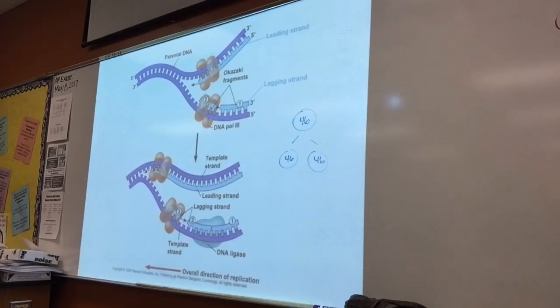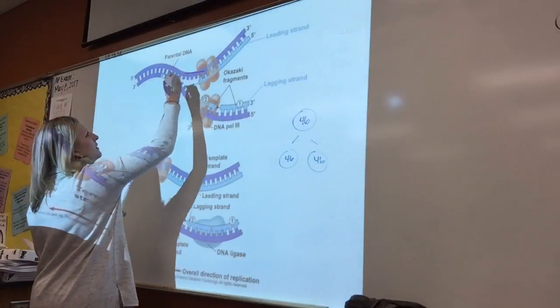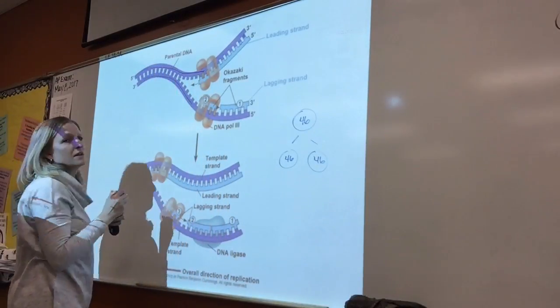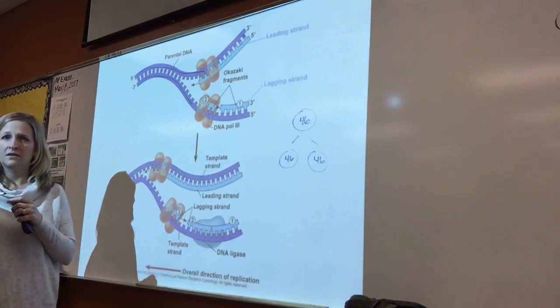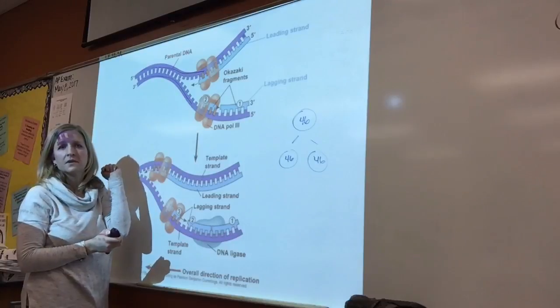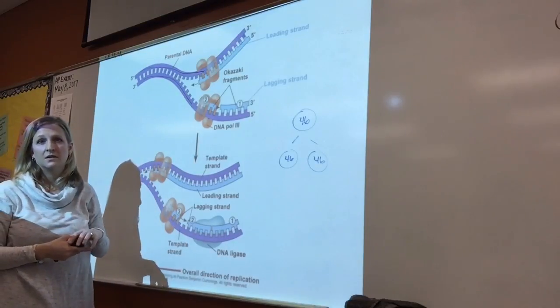The leading strand is going in the direction toward a Y-shaped thing, and the lagging strand is where nucleotides are added in fragments, because they have to go in the opposite direction of the bubble, and they have to go back and then make the nucleotide bases in fragments.